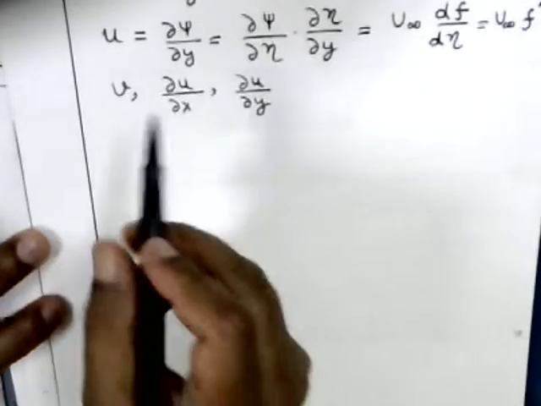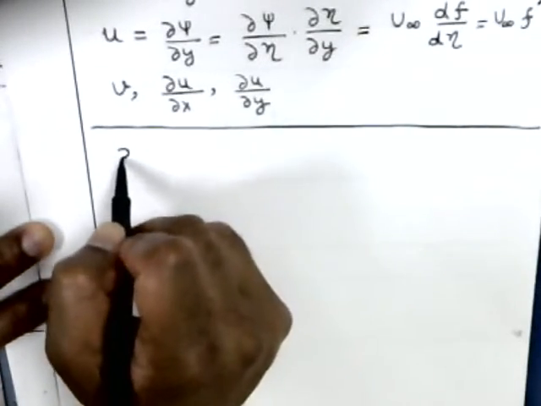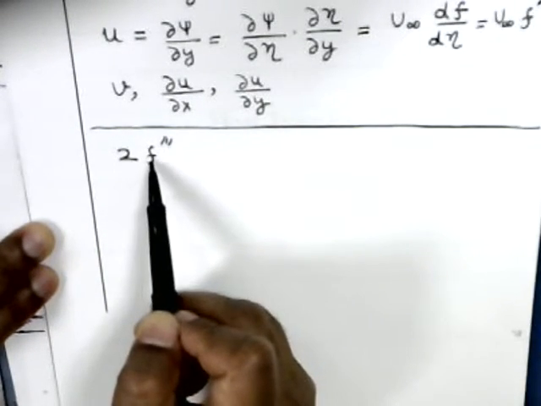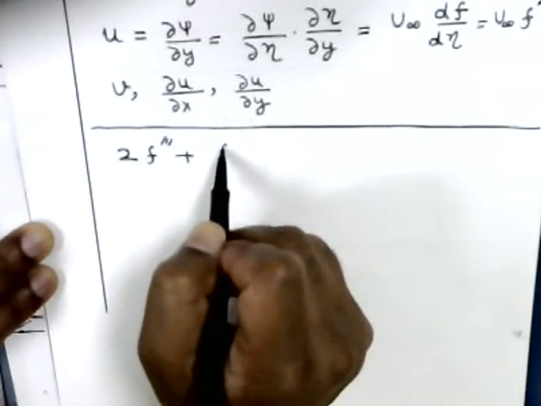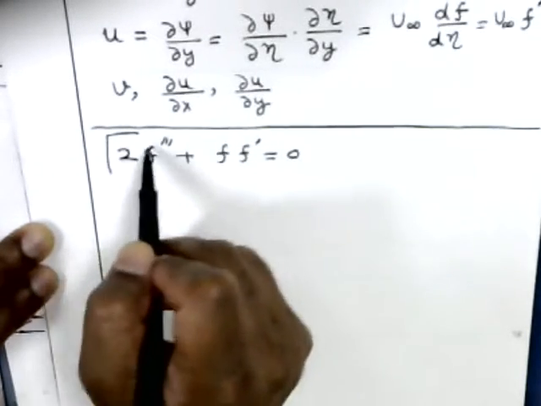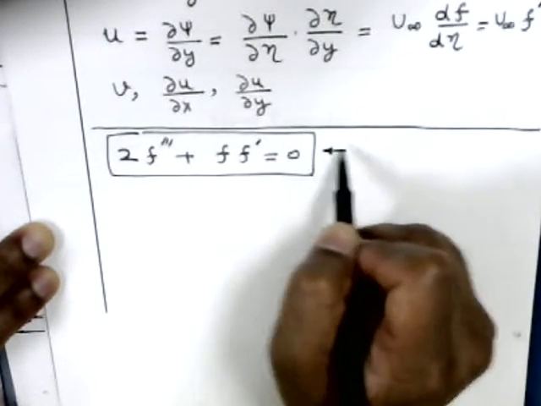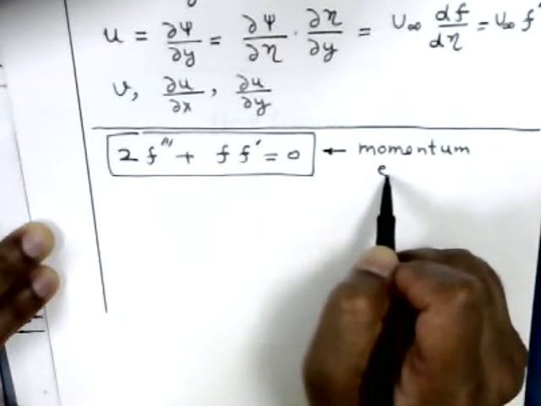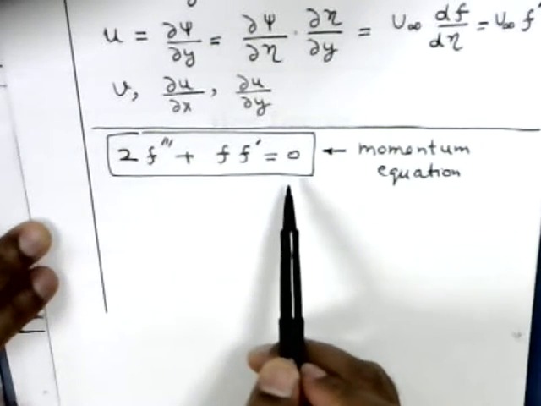That equation is actually an ordinary differential equation. You get 2f triple prime, that means f has been differentiated 3 times with respect to eta, plus f f double prime equals 0. You get this equation. So this is actually the momentum equation. The original momentum equation, which was a partial differential equation, now becomes an ordinary differential equation.